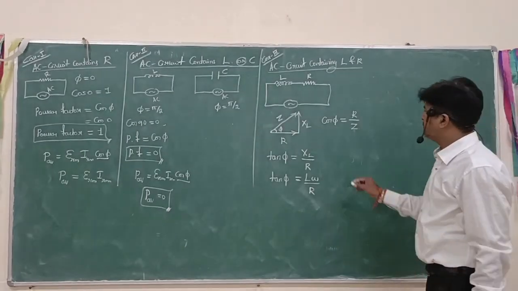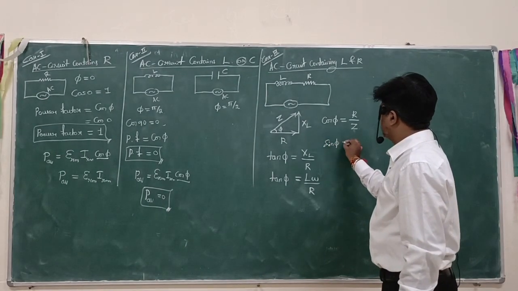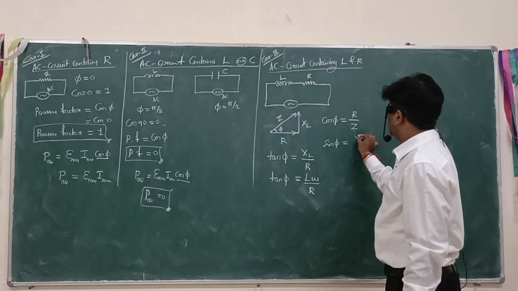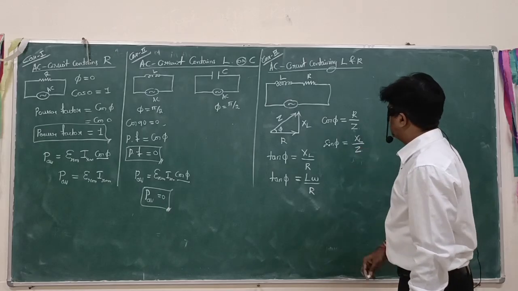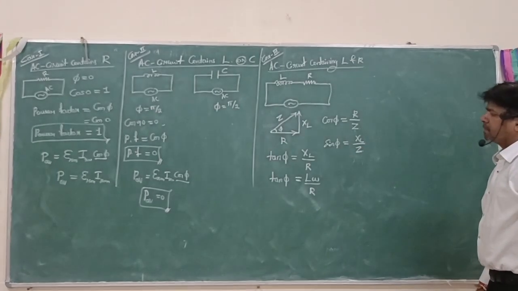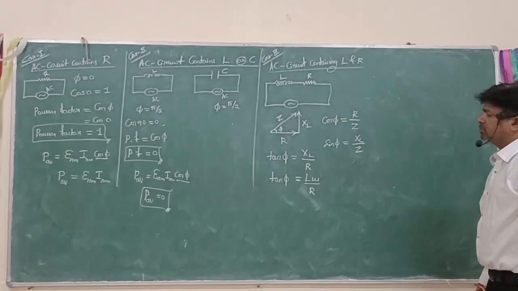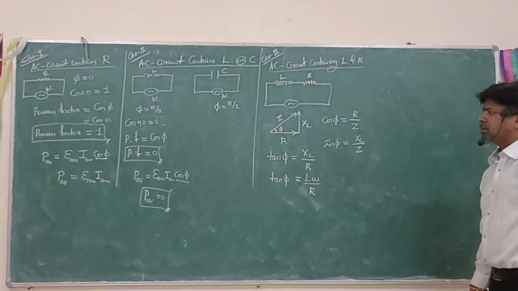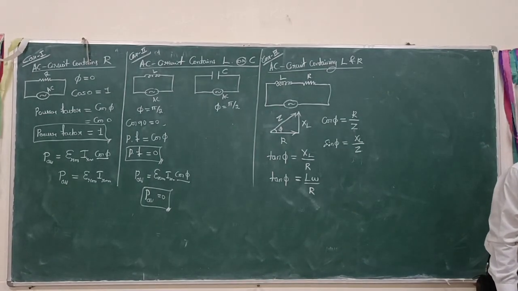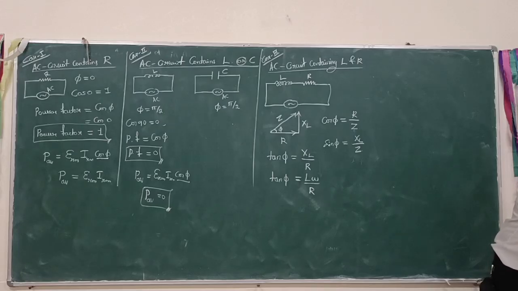Next, how will you write the sin phi value? Sin phi value is XL divided by Z. So this formula comes. Tan phi is equal to sin phi divided by cos phi, do it and see the value comes.